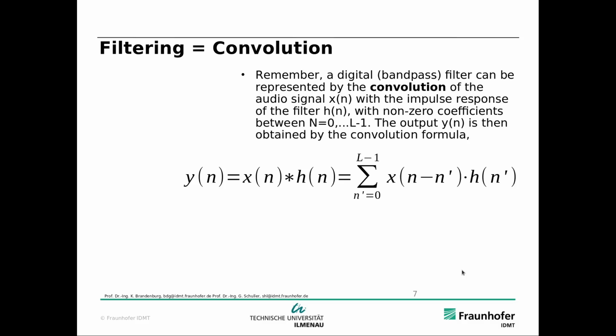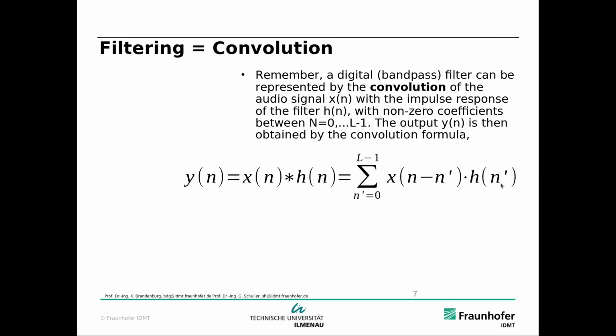Yeah, so this leads us to the filtering, which is mathematically a convolution. You should all know what a convolution is, but to help your memory, this is the equation for it. Here the star is the convolution sign, and the convolution is basically this sum, where we have our audio signal, where the sum index is going down, and here we have our filter, where the sum index is going up. This is a characteristic of a convolution, that we have a sum where the indices go in opposite directions.